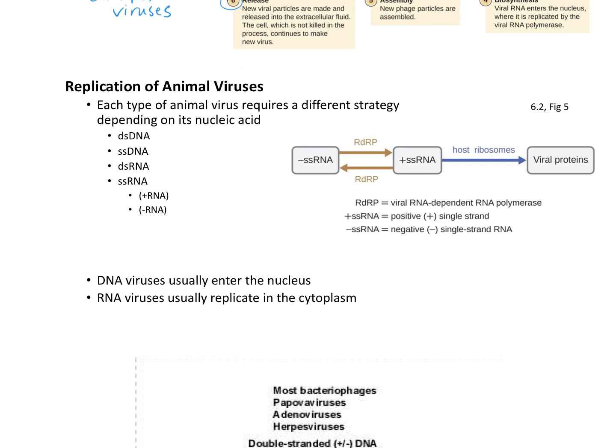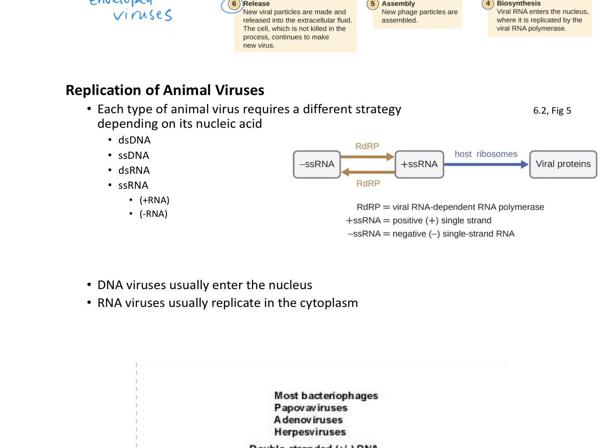So talking more about that synthesis phase for animal viruses, or really, again, whichever kind of virus you're talking about, most bacteriophage are DNA viruses. There's a few exceptions to that. But depending on what kind of nucleic acid is in the virus, I want to think through some of the strategies for how it makes more of its nucleic acid.